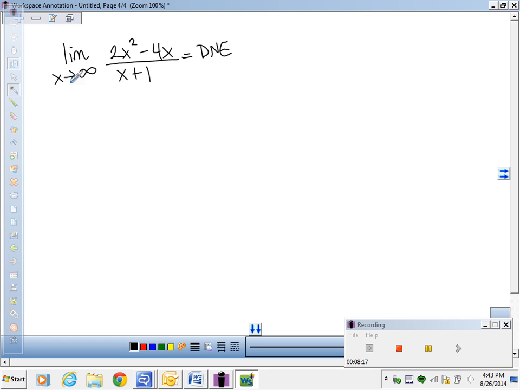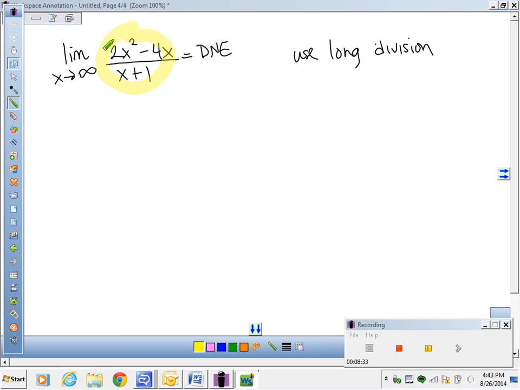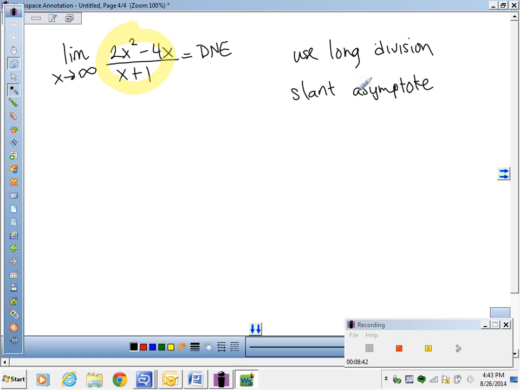So I can be more specific about what the unbounded behavior is like. And the way that I do that is I'm going to use long division. So again, Algebra 2 skills, long division. Because this function has the same behavior as its slant asymptote. And the way that I find my slant asymptote is by using long division.